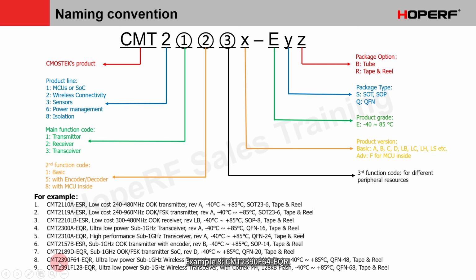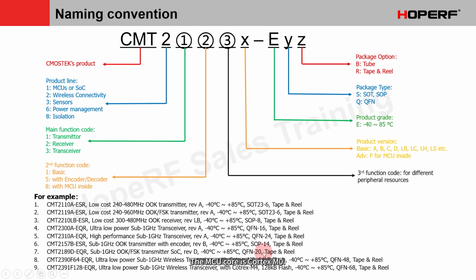Example 8, CMT2390F64 EQR. The last three digits are 3, 9, and 0. This indicates it is a transceiver product with an MCU. The suffix F64 indicates the ROM capacity is 64 KB. The datasheet describes it as an ultra-low power sub-1G transceiver SoC.